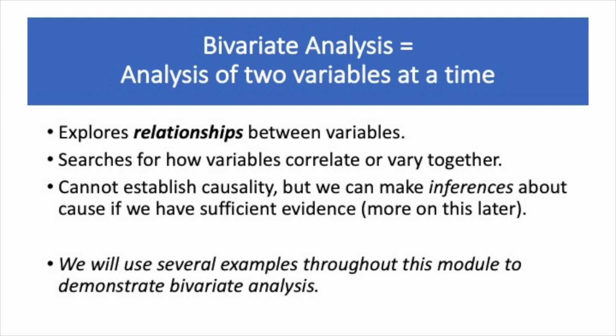So from bivariate analysis, we can establish correlations, but we cannot establish causality. We can make some inferences about cause if we have sufficient evidence, which we'll discuss a bit later, but we cannot establish causality, particularly from observational data and bivariate correlations.